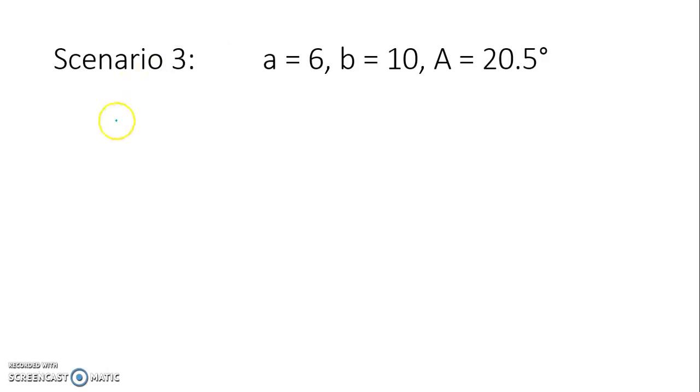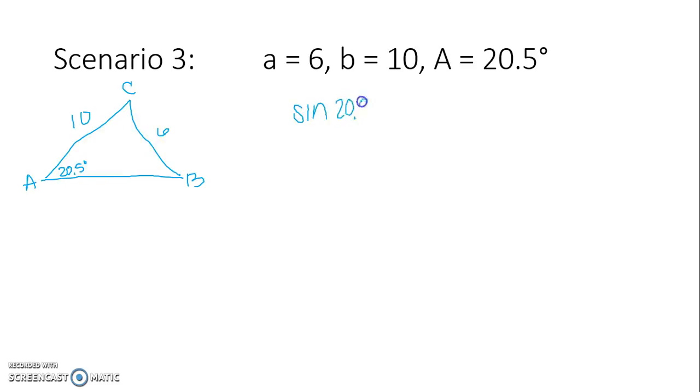Scenario 3. So same setup for my triangle. Side A is 6, side B is 10, angle A is 20.5 degrees. I have an angle and the side across from it.